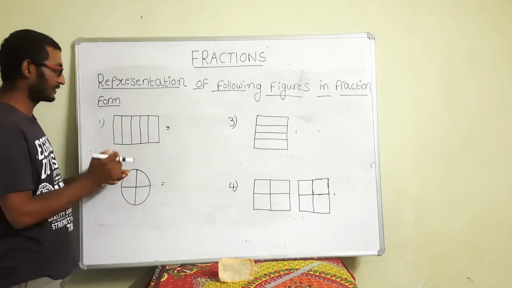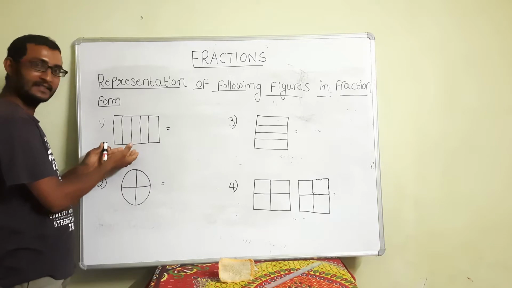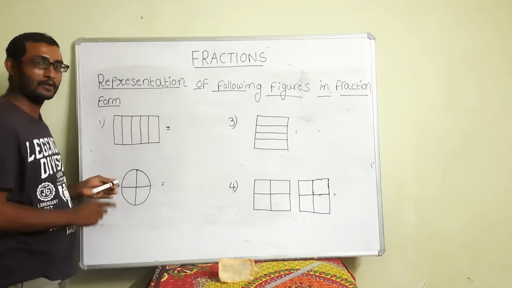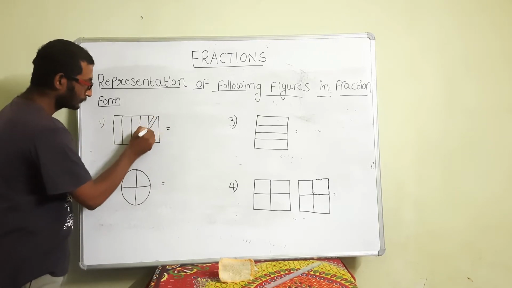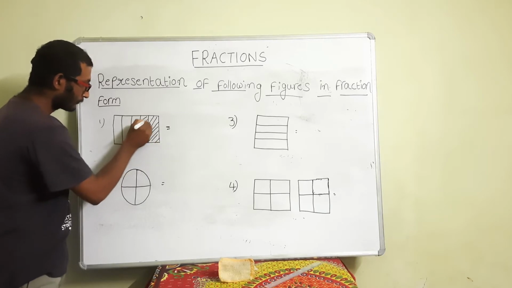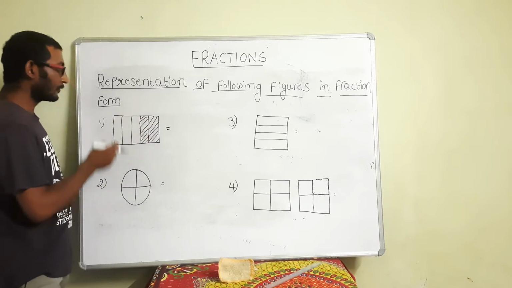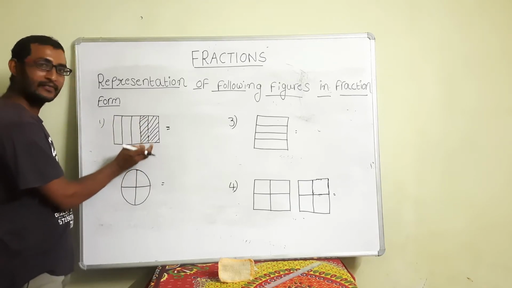Okay now, for example, take a cake and this cake is equally cut into 5 parts. In 5 parts, for example, 2 parts I have taken. So what is the fraction value of this figure?